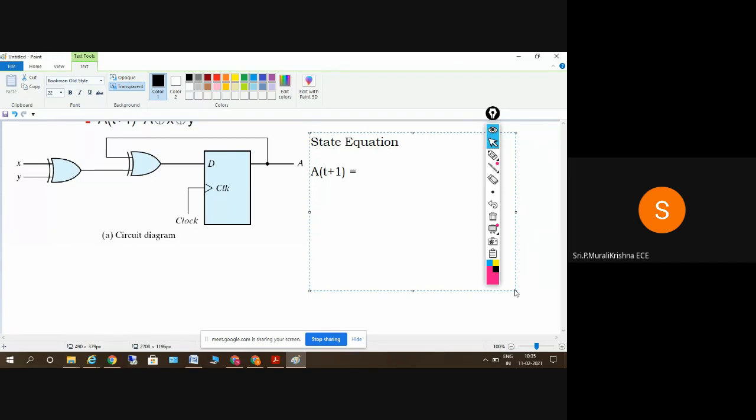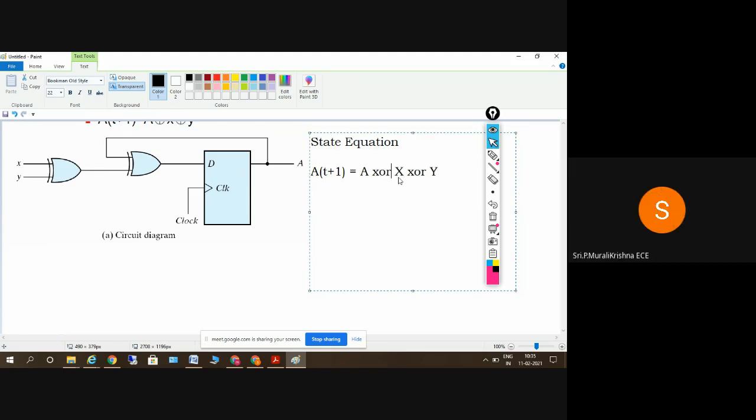What are the values here? We are using XOR gates here. So A XOR X XOR Y. Yes or no?